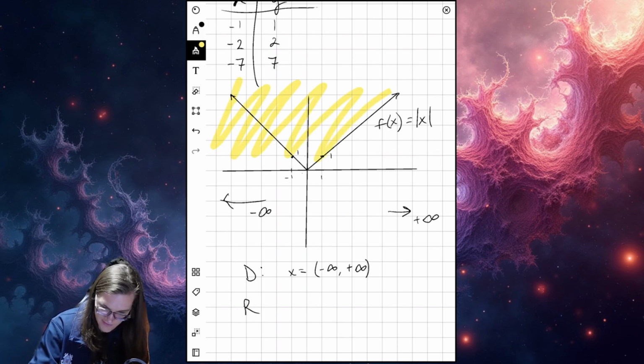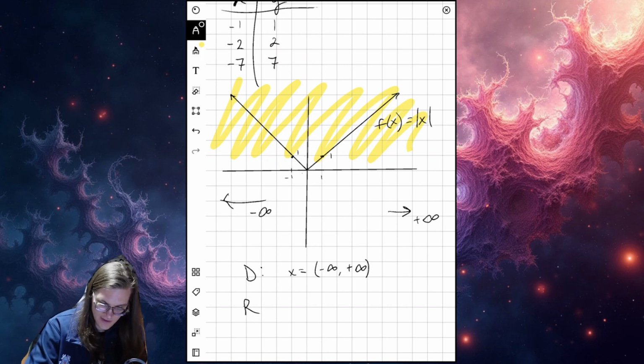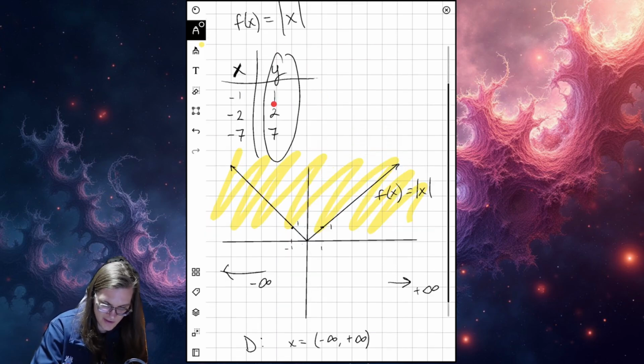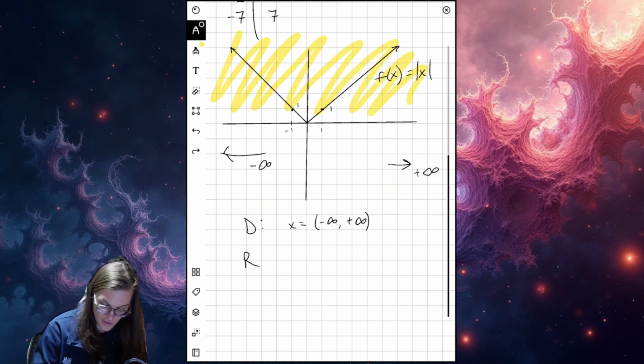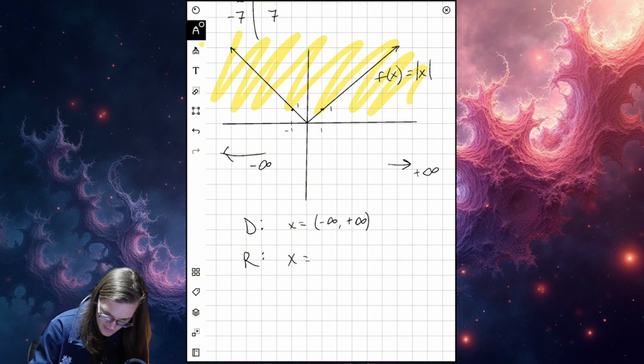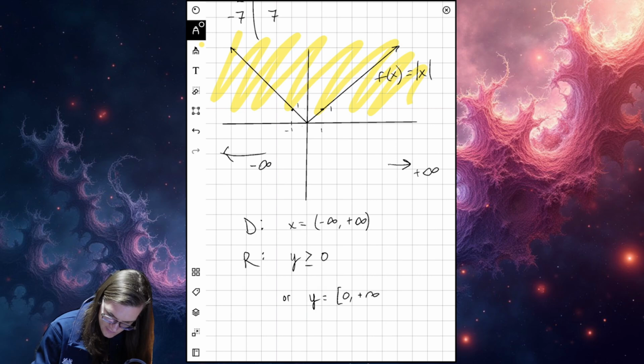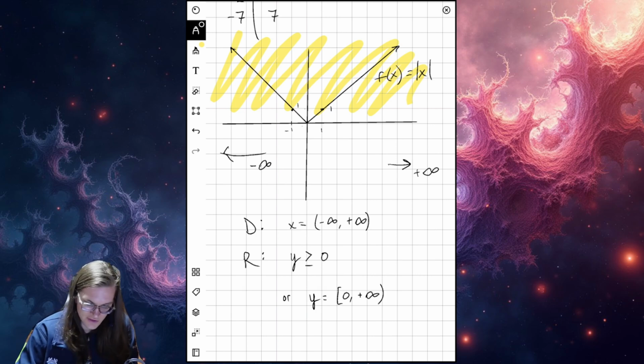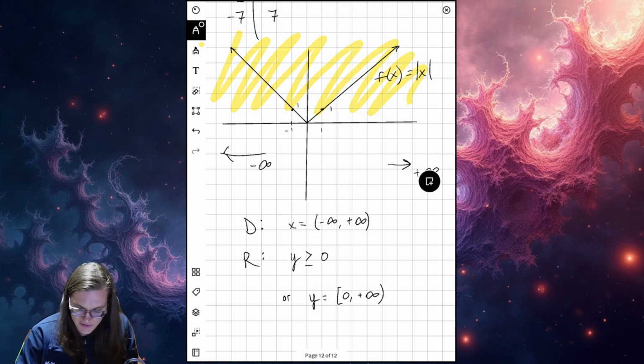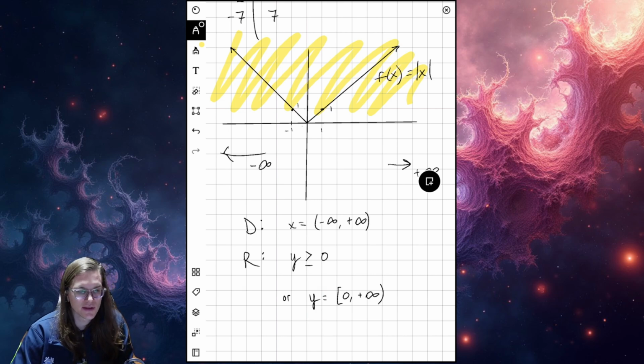So the range is all this positive stuff. Again, it makes sense that if the range is all positive numbers, then this would add up, because only positive numbers come out when you put negative numbers in. And the way to write that is range: y is greater than or equal to 0. Or you can say y equals 0 to positive infinity. All right, and so those are some functions that you should be familiar with eventually.